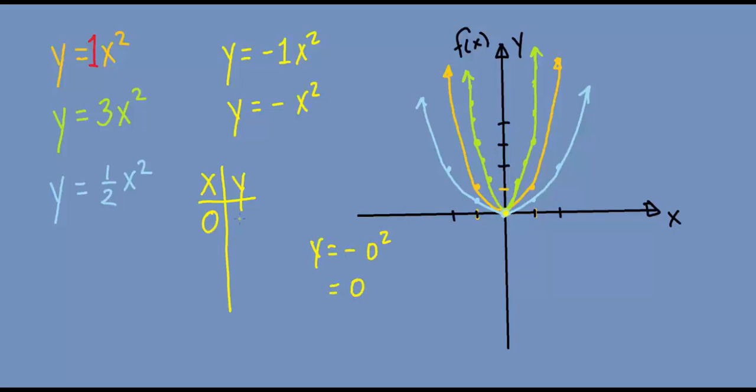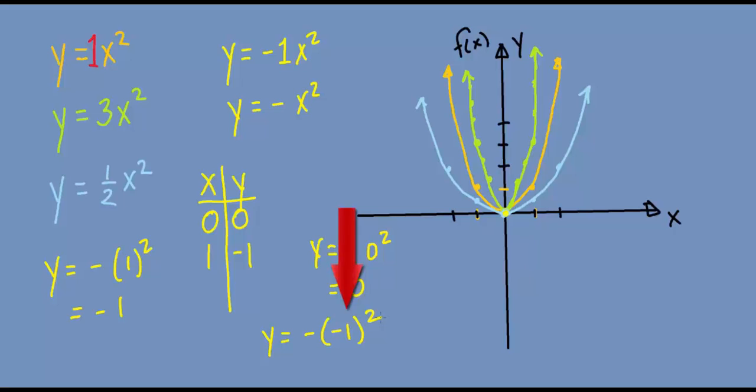We get a 0 for y, so input 0, output 0. Let's plug in 1 for x. We get a -1 for y, so input 1, output -1. Last one, -1 for x. Now be careful, right? Because we're sticking in a -1 for x, and then there's this other negative hanging out outside there. So -1 squared is 1, and now we get -1 again. So input a -1, output a -1.